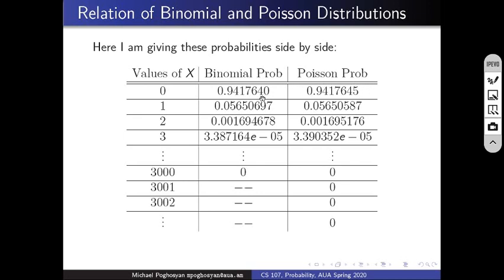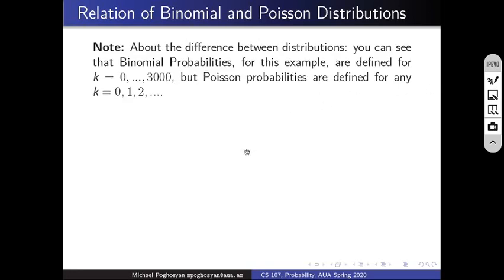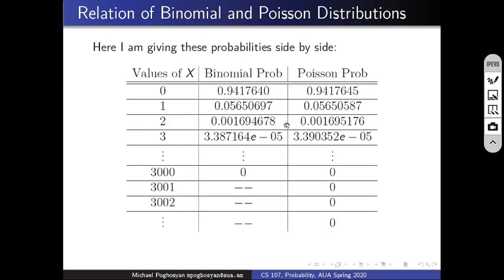You can see that they coincide for 6 digits in this case. Okay, the probability that x will be 1 using the binomial model is this much, and for the Poisson model is that much. You can see that they are pretty close to each other.